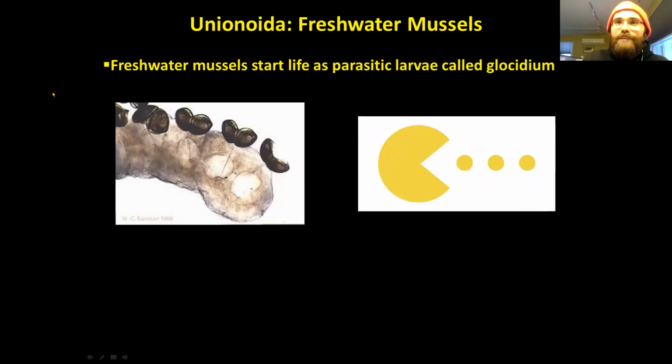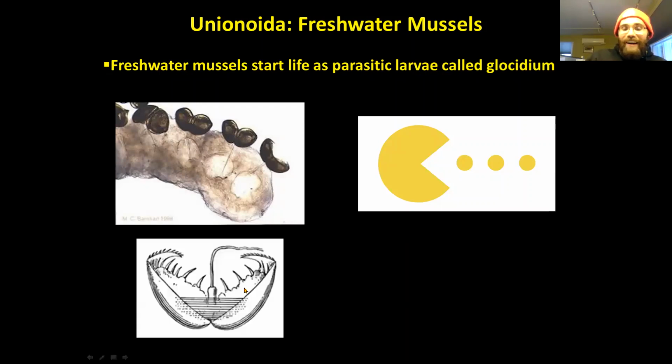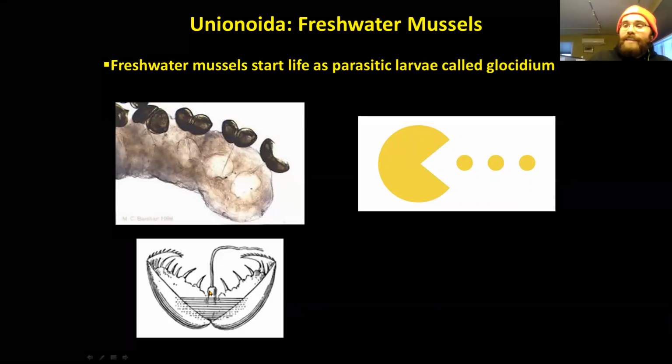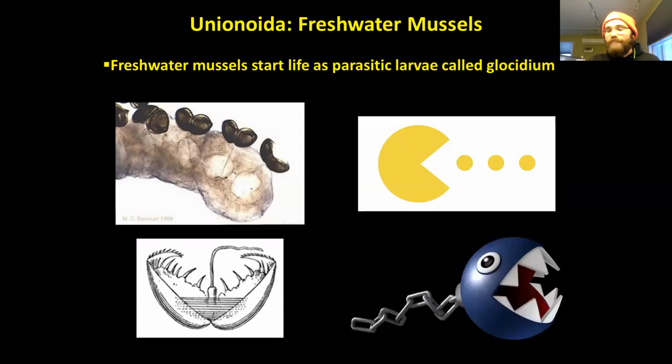But when you really get a good look at them, you realize, oh my God, these things are kind of terrifying looking. The glochidia are like little vampires that feed on the blood of usually fish. They look like little chain chomps that you would see from Mario. What ends up happening is these glochidia will attach to a fish host, feed on them, and eventually turn into an adult mussel after falling off of them.